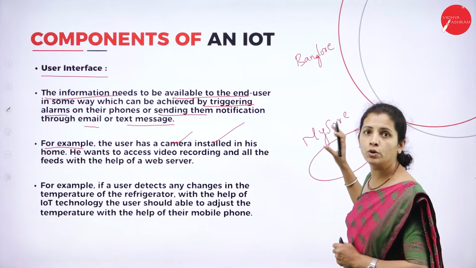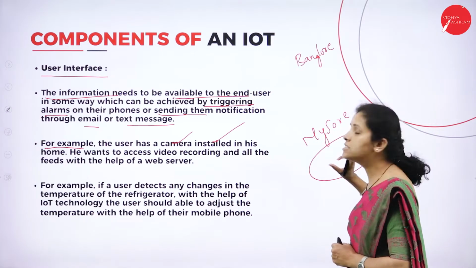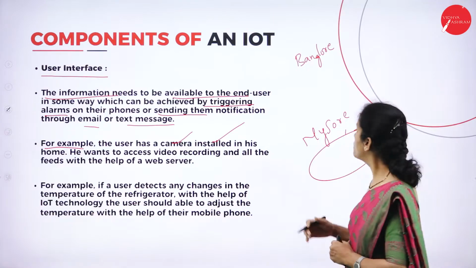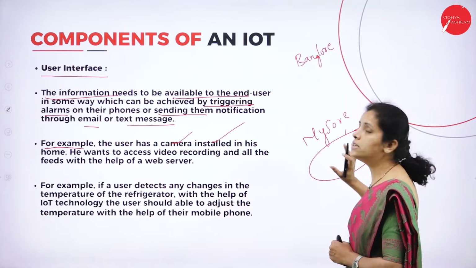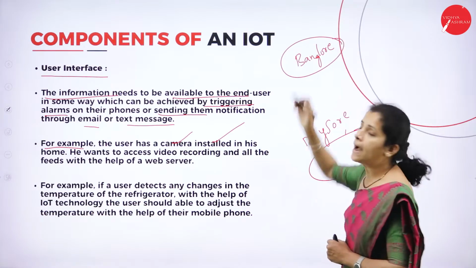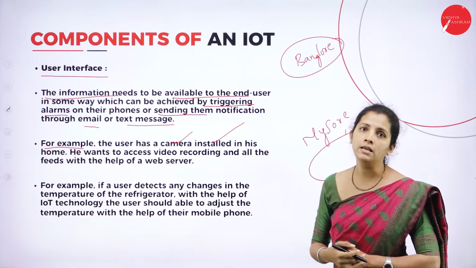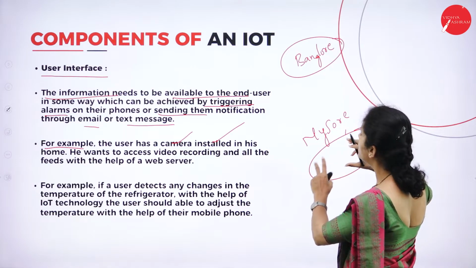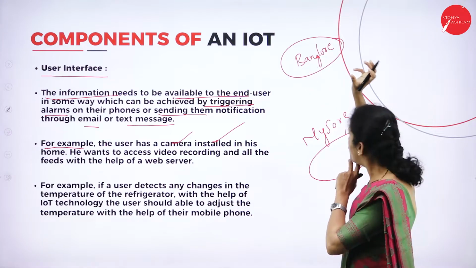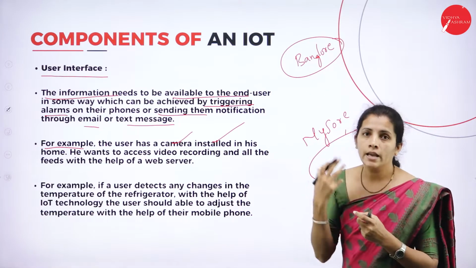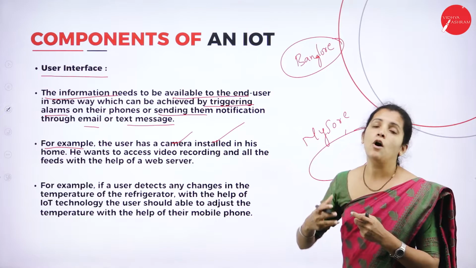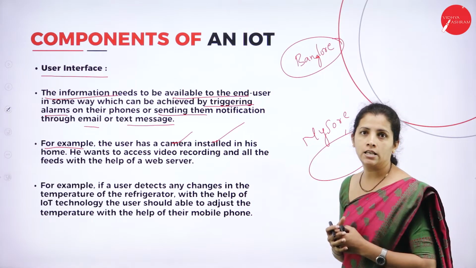So what I'm going to do is fix a camera and control all these cameras from Bangalore. How? I'm going to connect this camera to my cell phone from Bangalore. I can see or check all the activity.